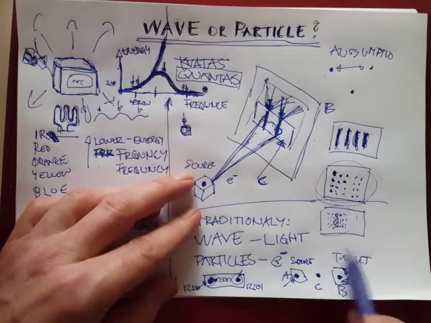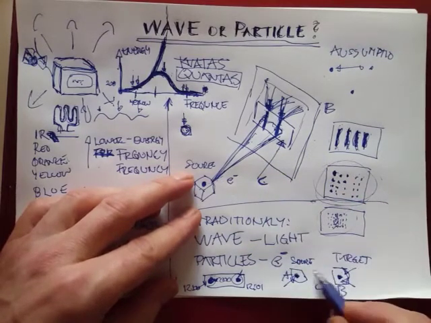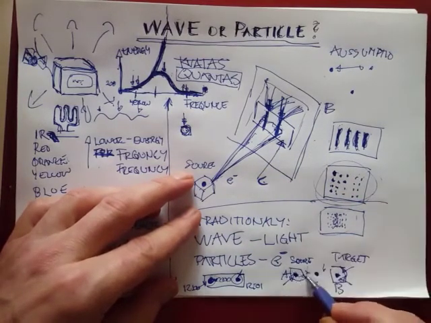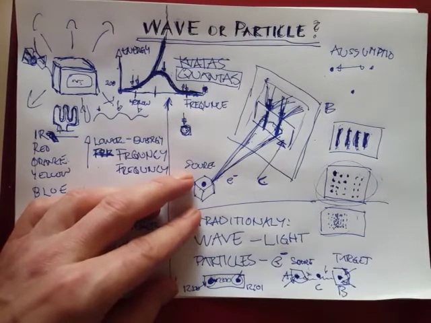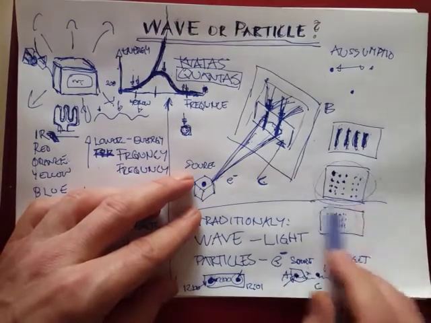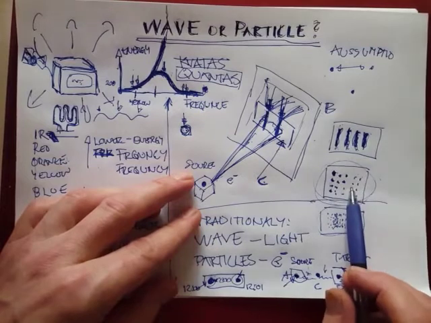If we look at this experiment, what we know is that when we don't observe in between here, it has some wave-like behavior. That is, it's not a particle here. That's what it means. It's not a particle, because if it was a particle, it wouldn't be able to create the interference pattern.